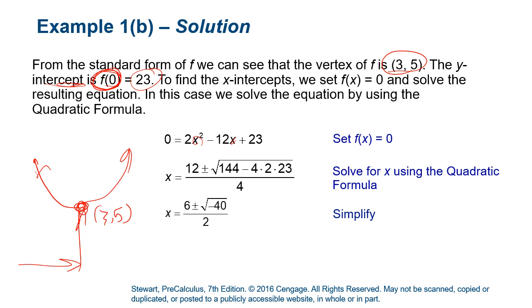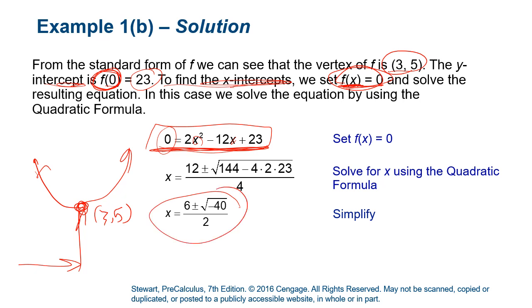Now, x-intercepts are found by letting y equal 0. Well, f of x is our y, so f of x equals 0. So we set the function equal to 0 and solve. Then we can find our x-intercepts. Well, it's as simple as taking this quadratic function and setting it equal to 0. Well, that's a quadratic equation, which we know how to solve. We could use the quadratic formula. So when using the quadratic formula, you plug your a, b, and c in, simplify, and you end up with this.